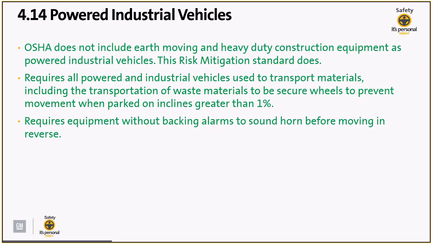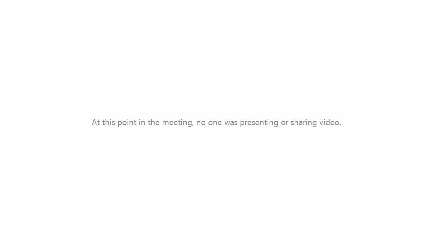Section 4.14, which is powered industrial vehicles. The way we, meaning GM, defined powered industrial vehicles is slightly different than how OSHA defines it. So OSHA does not include earth-moving and heavy-duty construction equipment as powered industrial vehicles. However, our GM risk mitigation standard does.